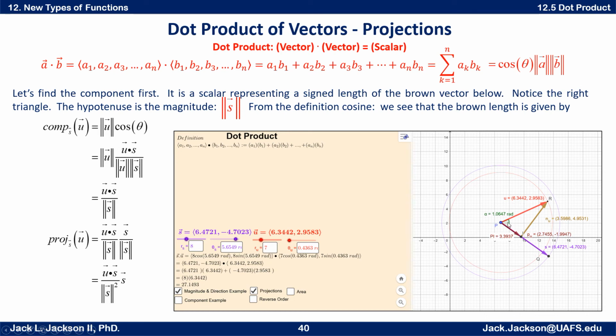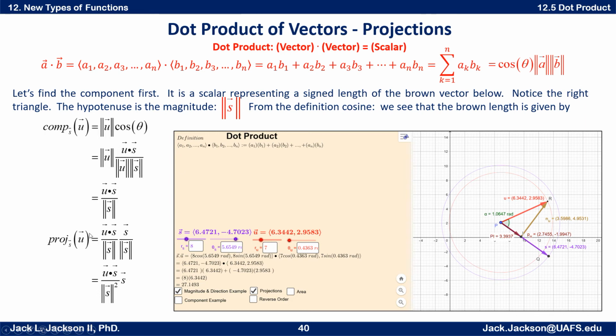Now the projection of this is actually a vector, okay? So remember a vector, remember scalar multiple? If you take a vector that's a unit vector in a particular direction and then multiply that by its magnitude, you get a vector going in that same direction that's the right length. So if we want to find the projection, we need to multiply that component, which is its magnitude.